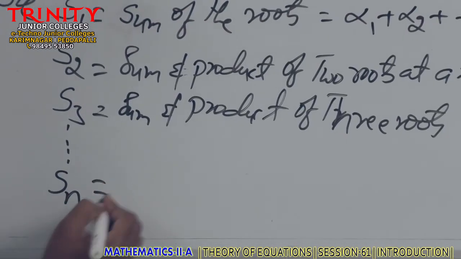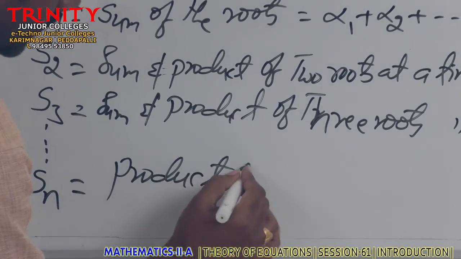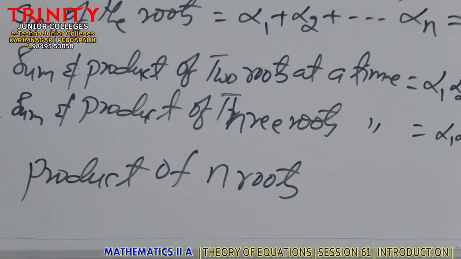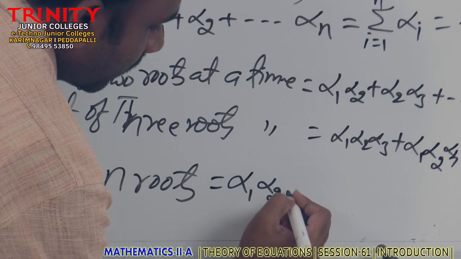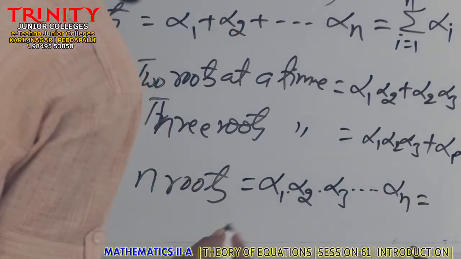And finally, so on, Sn, the product of n roots, that is nothing but alpha 1 into alpha 2 into alpha 3, so on, into alpha n.